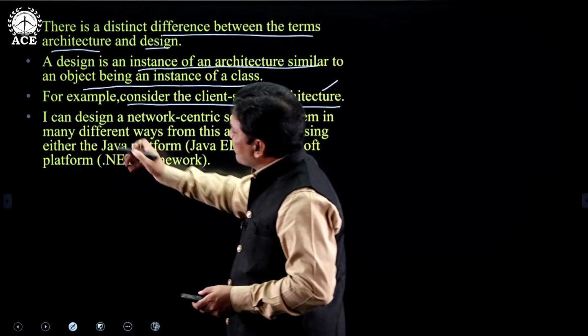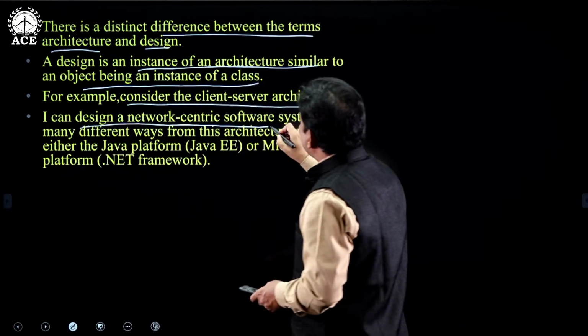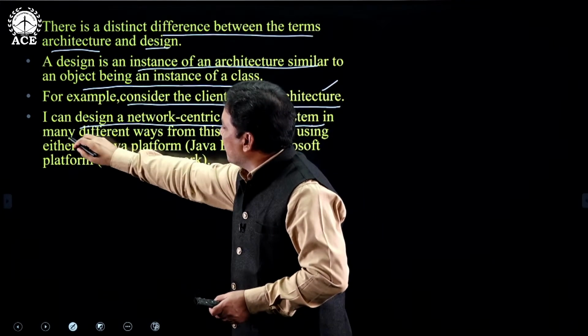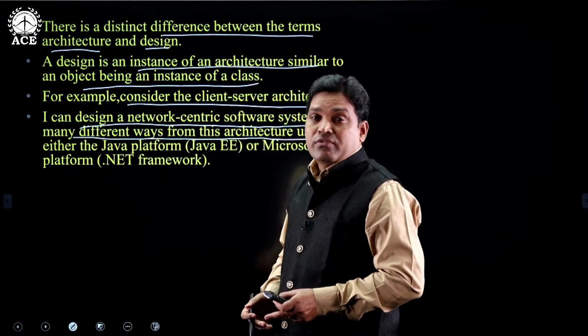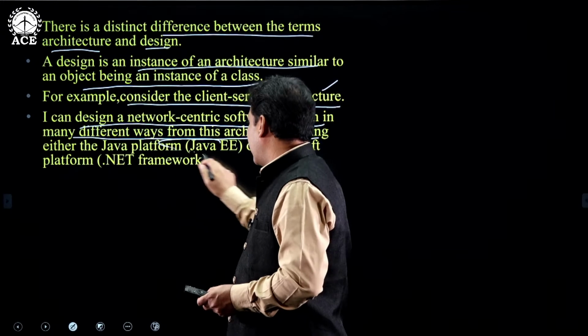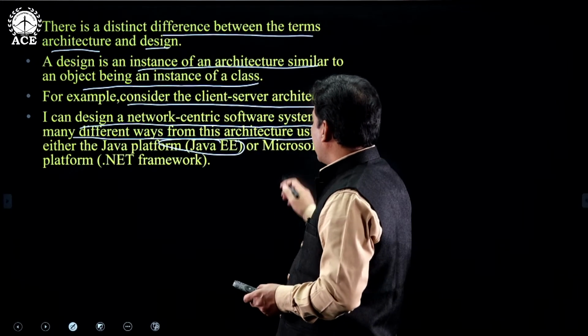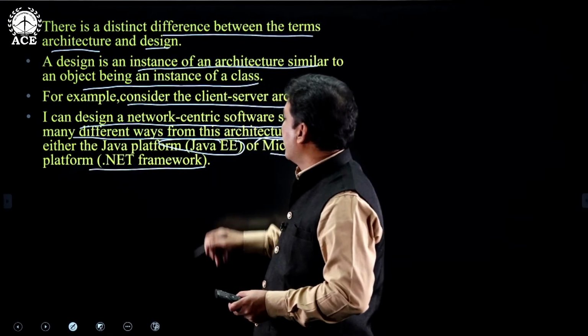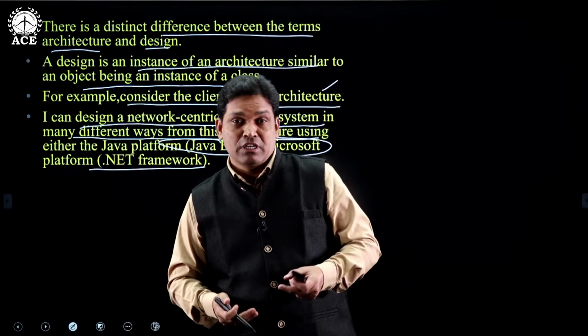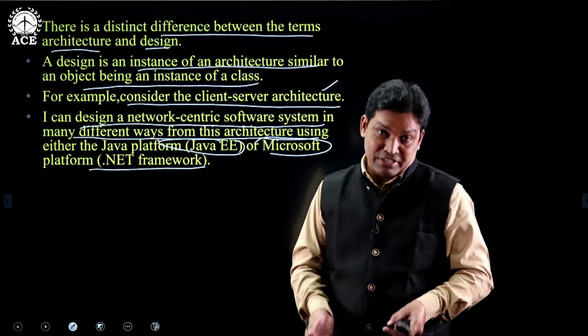I can design a network-centric software system in many different ways from the architecture. I can design a software system using the Java platform, Java Enterprise Edition, or using the Microsoft .NET framework, or using Python, C++, Perl, PHP.